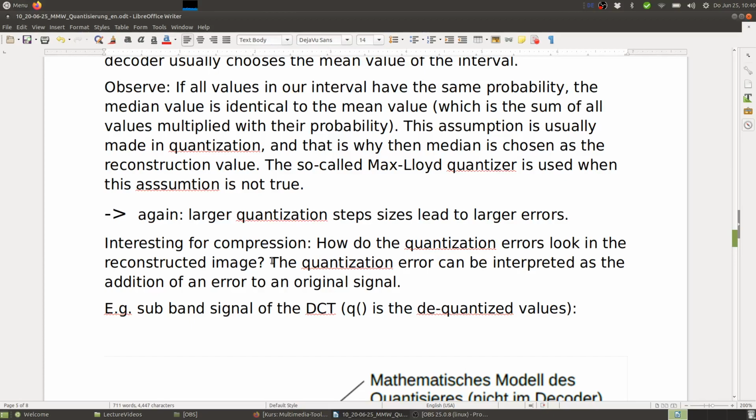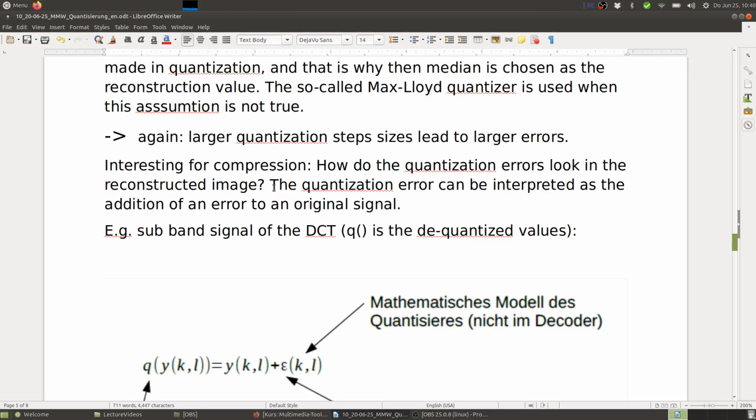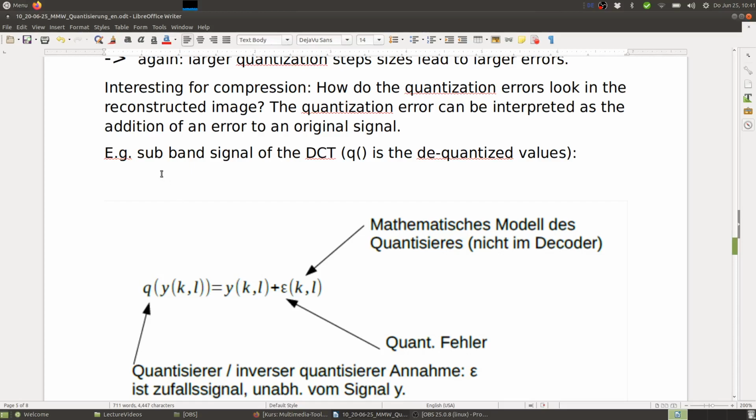So the question is, how does it look? And we can actually analyze it if we represent the quantization error as an additive noise. So the quantization error can be interpreted as the addition of an error to an original signal. So this is what we do here.